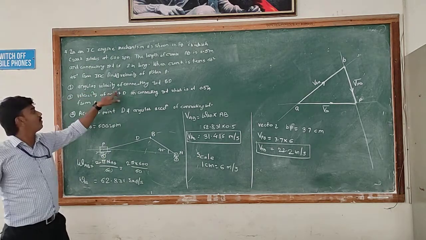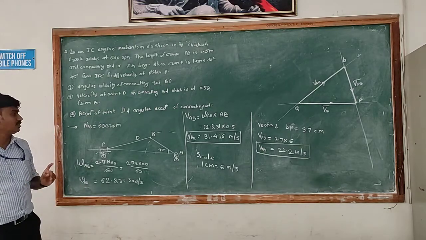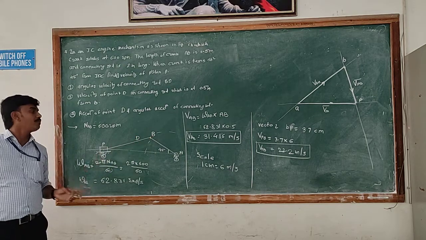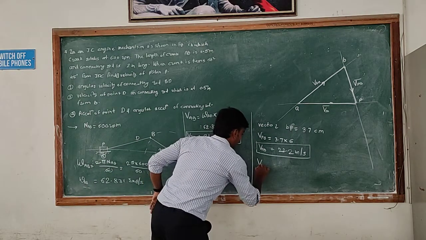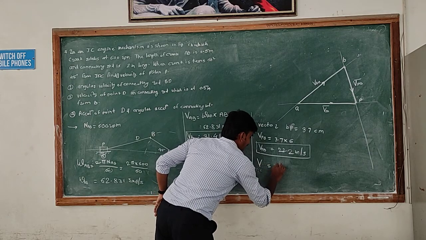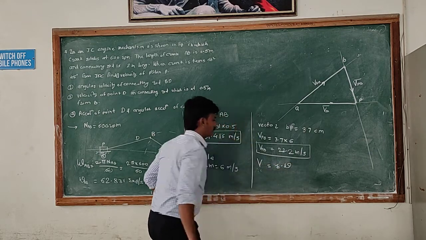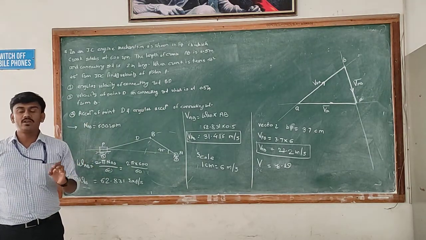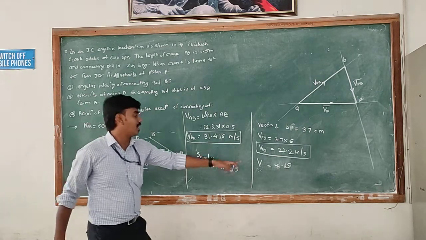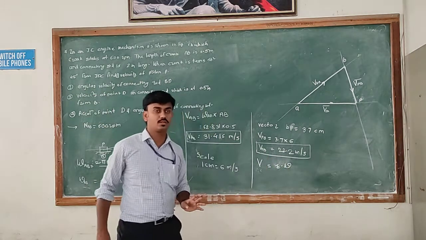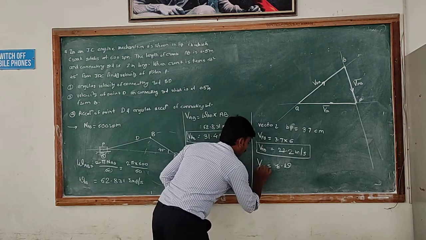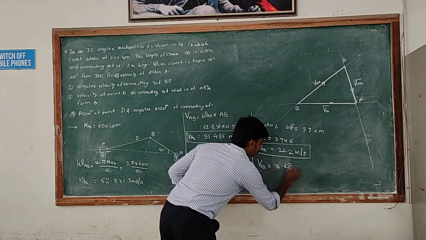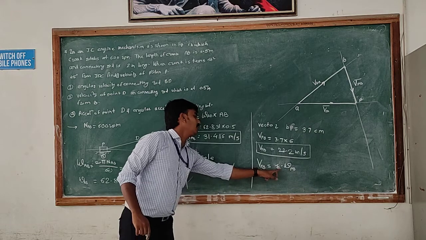Here they ask for the angular velocity of the connecting rod, meaning omega of PB. We have a formula that velocity of any link is equal to r into omega. If we want to find the linear velocity of any link, we can use the relation where r is the length of the link and omega is the angular velocity of the link. For link BP, r is the length of the link BP.